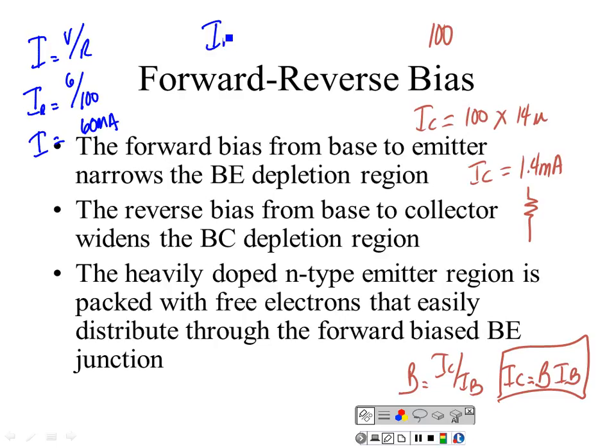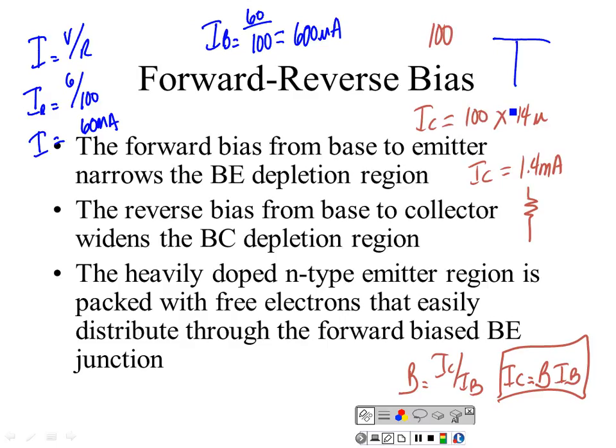So IB would be equal to IC, which is 60 milliamps, divided by beta, which was 100. So what's my base current? What base current do I need? Everybody see this? All we're doing is rearranging a formula. So you can come up here and use the same thing that you used in DC.